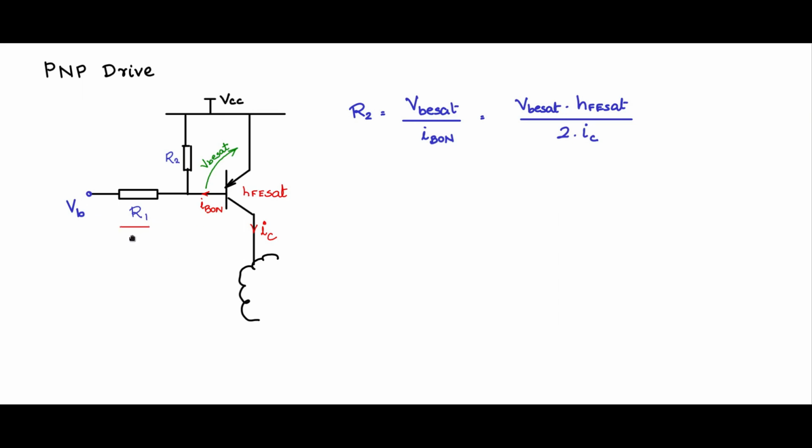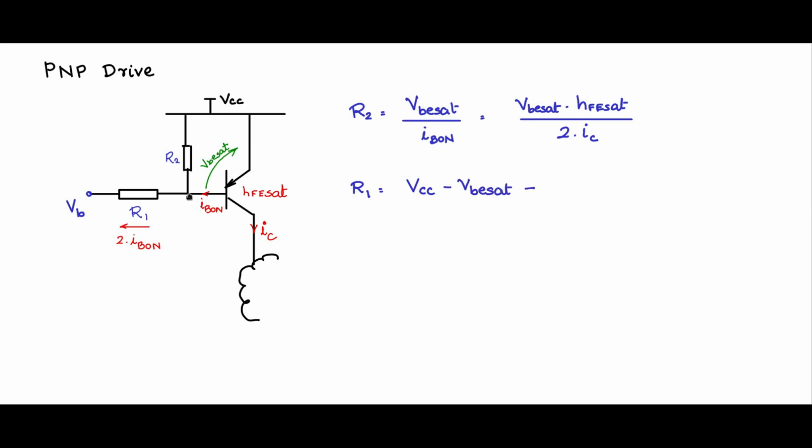Okay, so let us say you have an IB on coming from here and IB on coming from here that will flow through R1, and that current will be 2 times IB on. Now what is the value of R1? R1 is this potential minus this potential. And what is this potential? This potential is VCC minus VBE SAT. Let me write that down.